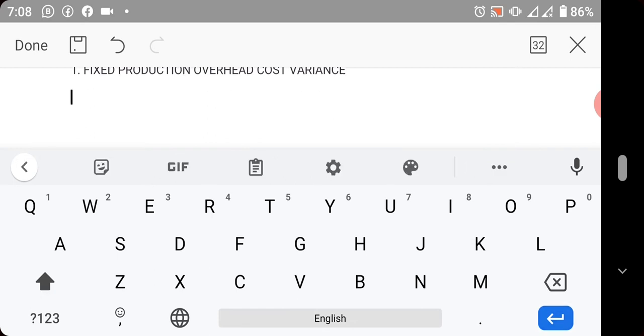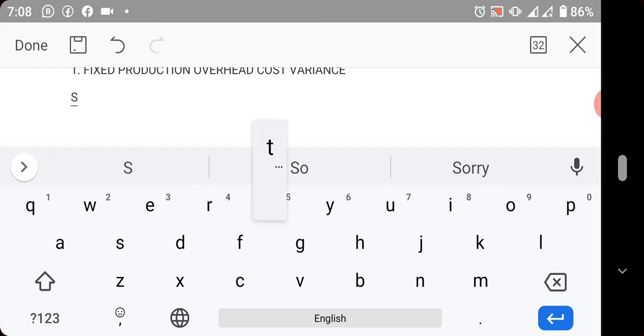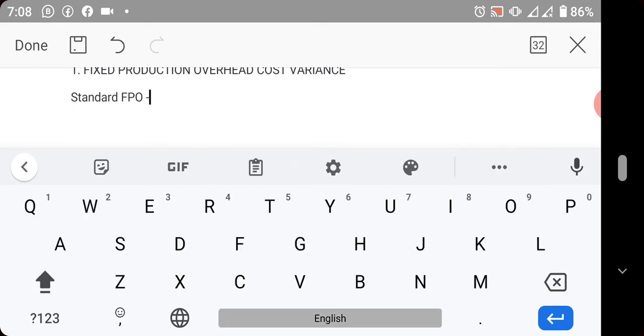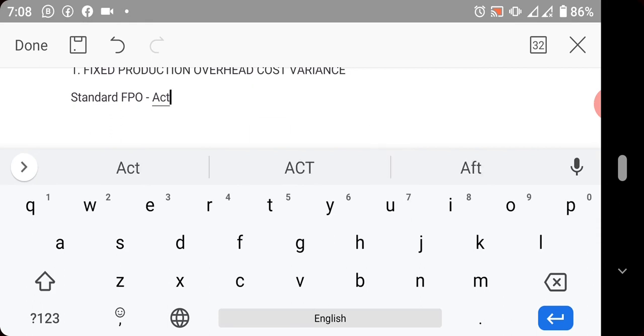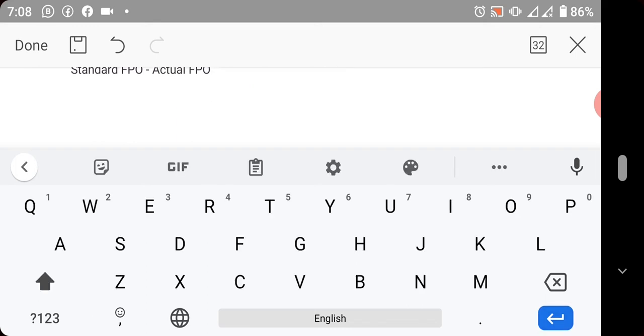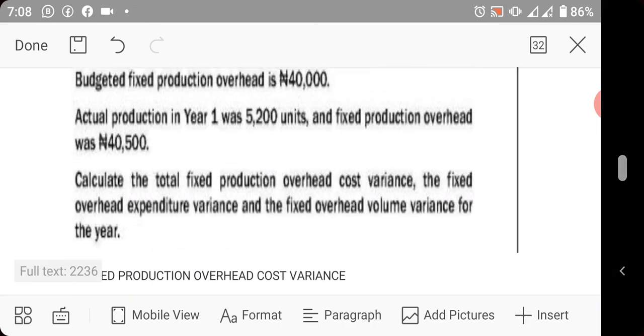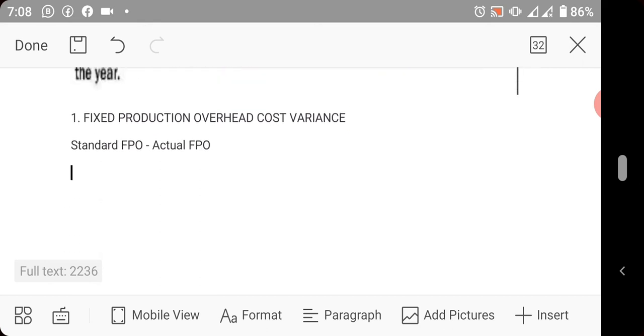It has a formula, and the formula is standard fixed production overhead minus actual fixed production overhead. Now, actual fixed production overhead was given to us. We were told that the actual fixed production overhead is 40,500. How do we now get standard fixed production overhead? We will multiply the standard rate by the actual units.